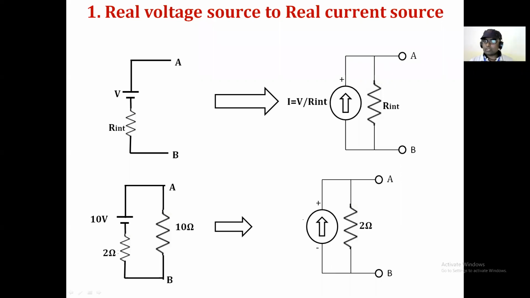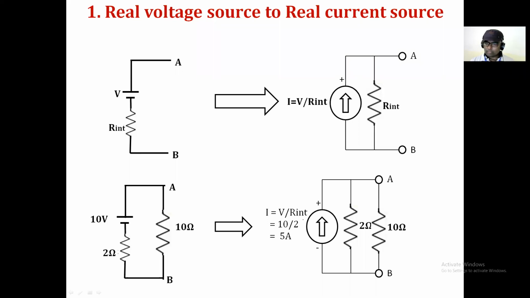Okay, so now the internal resistance of the current source is 2 ohm, and I is equal to V divided by internal resistance, 10 divided by 2, which is equal to 5, and this 10 ohm load resistance is as it is, no doubt about it. So this is the main procedure here. Do you get my point? Yes, sir.